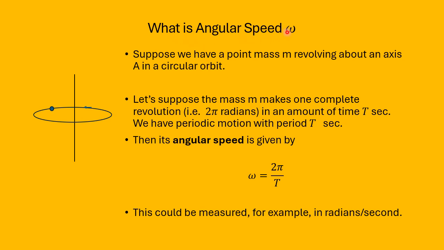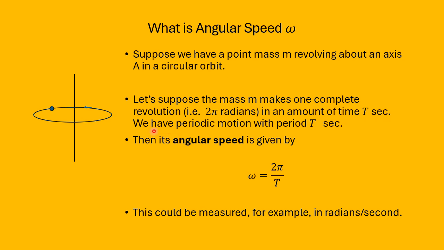So we used omega to represent the angular speed. So what is this angular speed? What do we mean by this angular speed? Well, suppose that we have a mass that is revolving around some axis in, let's say, a circular orbit. Let's suppose the mass m, this mass right here, makes one complete revolution through 2 pi radians in an amount capital T seconds.